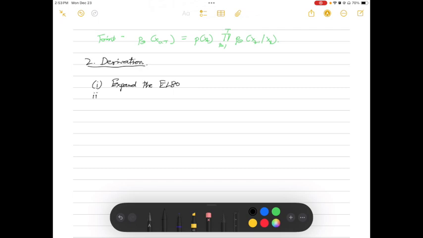The second step will be to simplify the ELBO objective. And the third and final step will be to eliminate the KL terms.